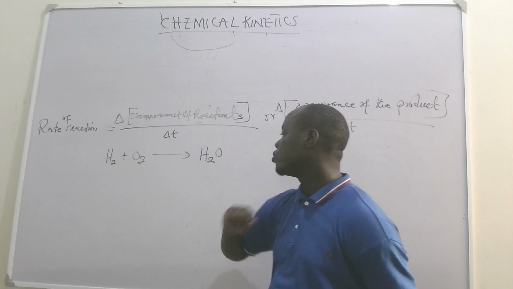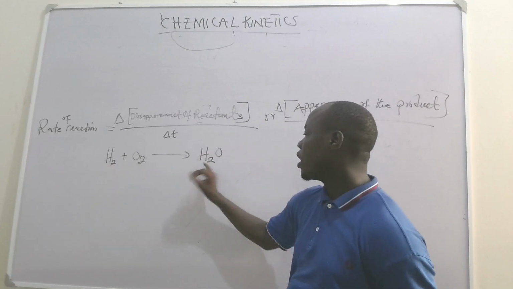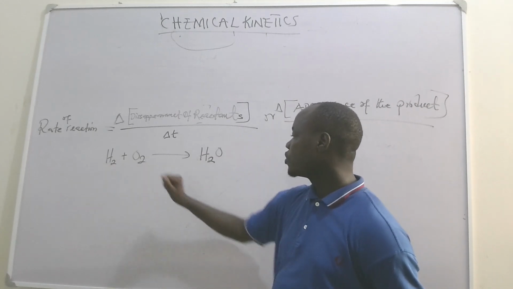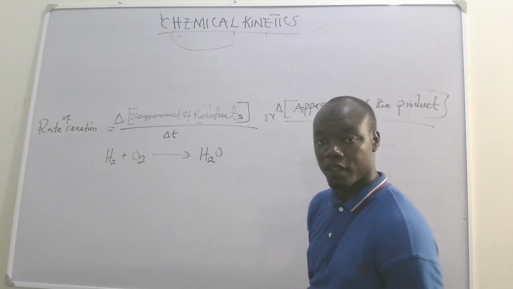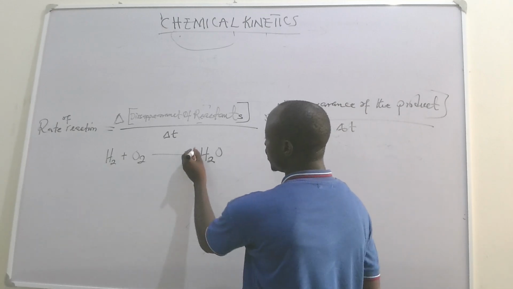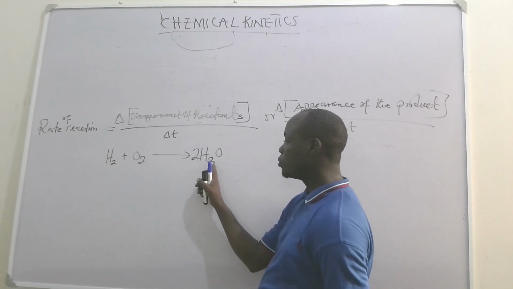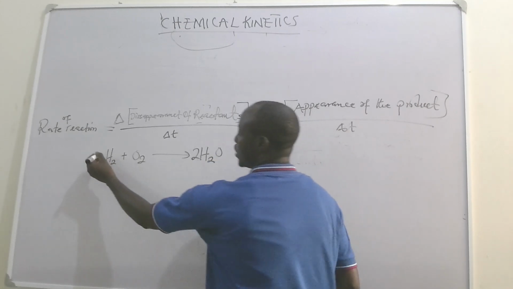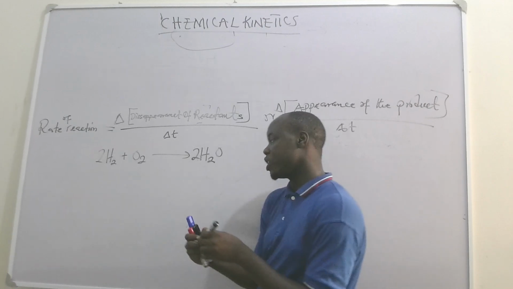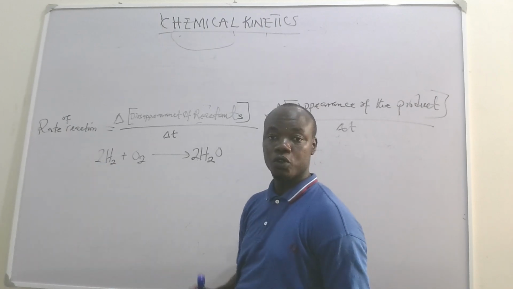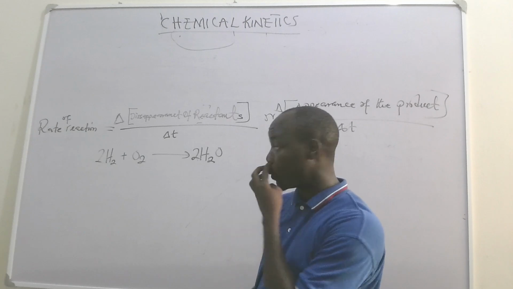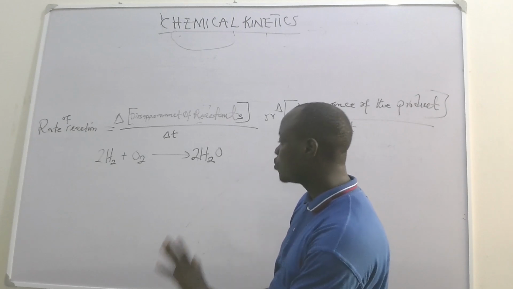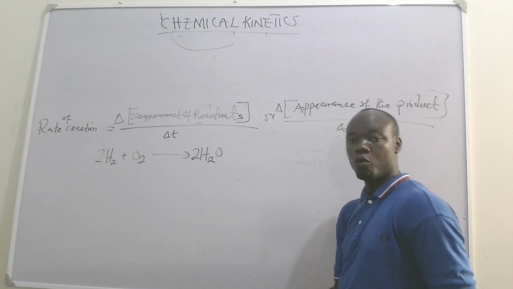Here we have 2 hydrogen, and here we have 2 hydrogen. But we have 2 oxygen here and 1 oxygen here. So if we add 2 here, it means that we have 2 times 2, 4 hydrogen, and we have 2 oxygen. So we can also add 2 here, making it 2 times 2, 4. So it means that we have 4 hydrogen and 2 oxygen. So the equation is now balanced.